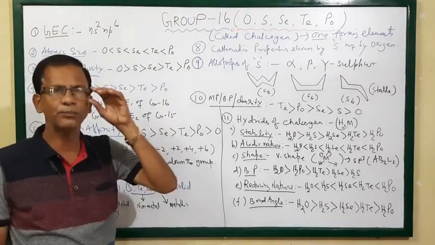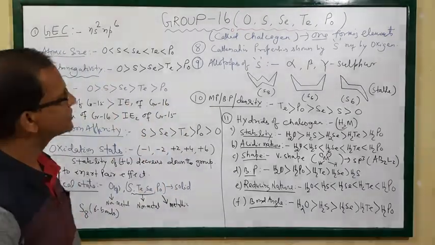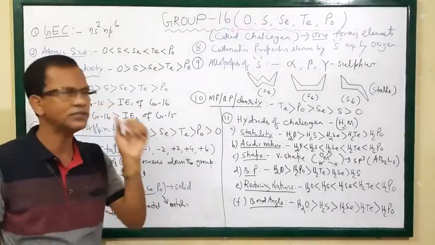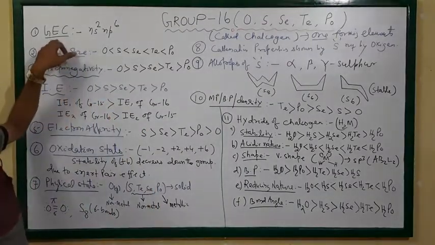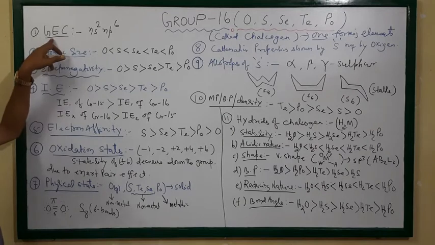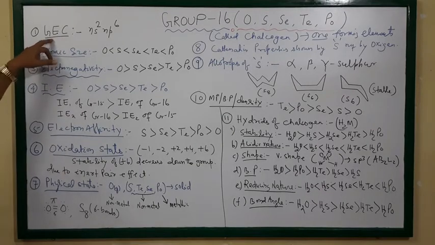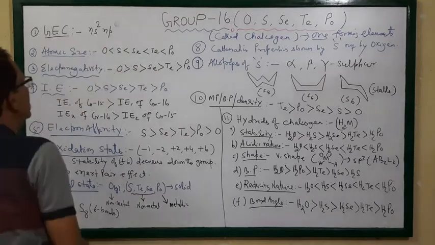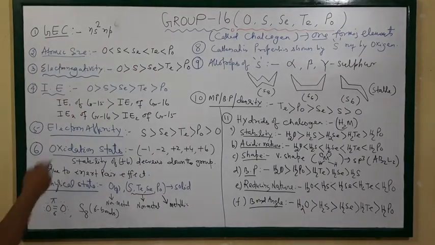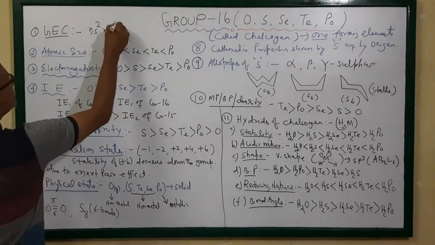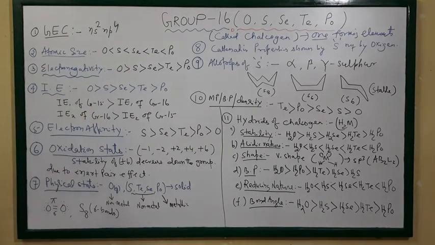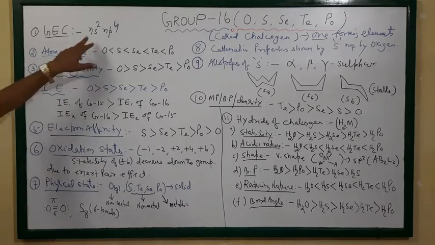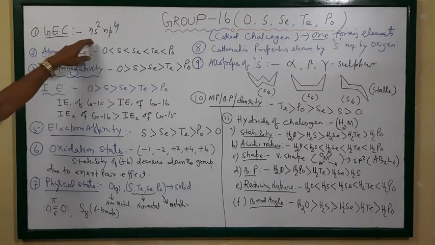What are the physical properties of group 16 elements? Let us discuss. First property is general electronic configuration. The general electronic configuration of group 16 elements is ns2np4.